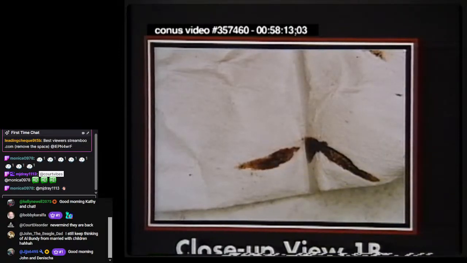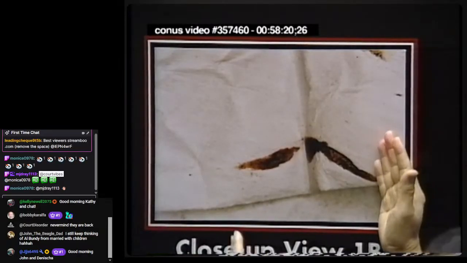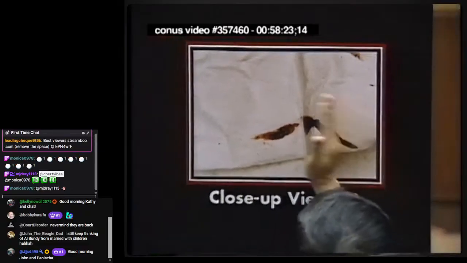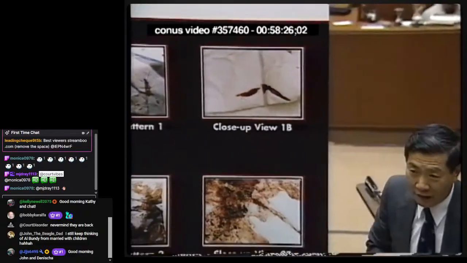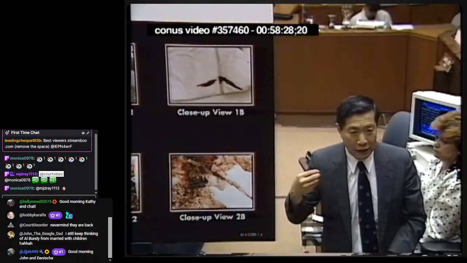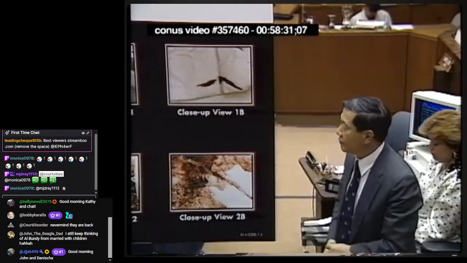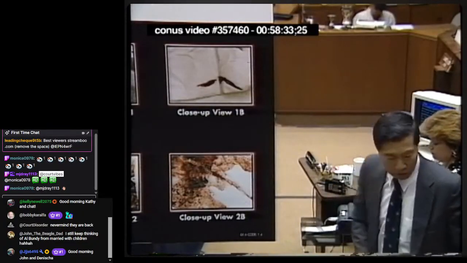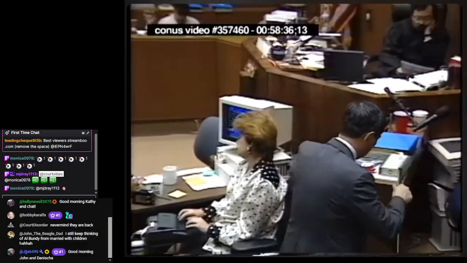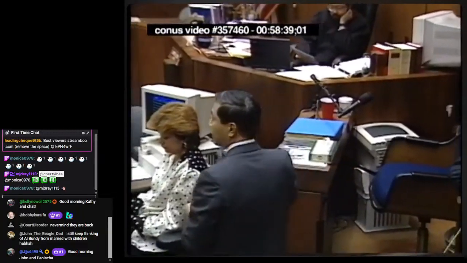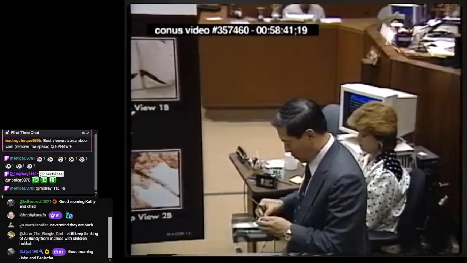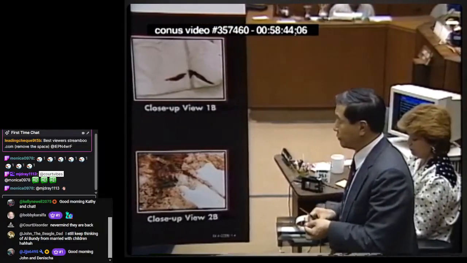Here we have a blood pattern, two patterns that look like a mirror image, which suggests this portion and this portion could have had contact while the blood was still wet. Dr. Lee, could you, with the red tape, please indicate where the mirror image is on bloodstain pattern number 1 and what you just described in the close-up view of 1B? Yes.